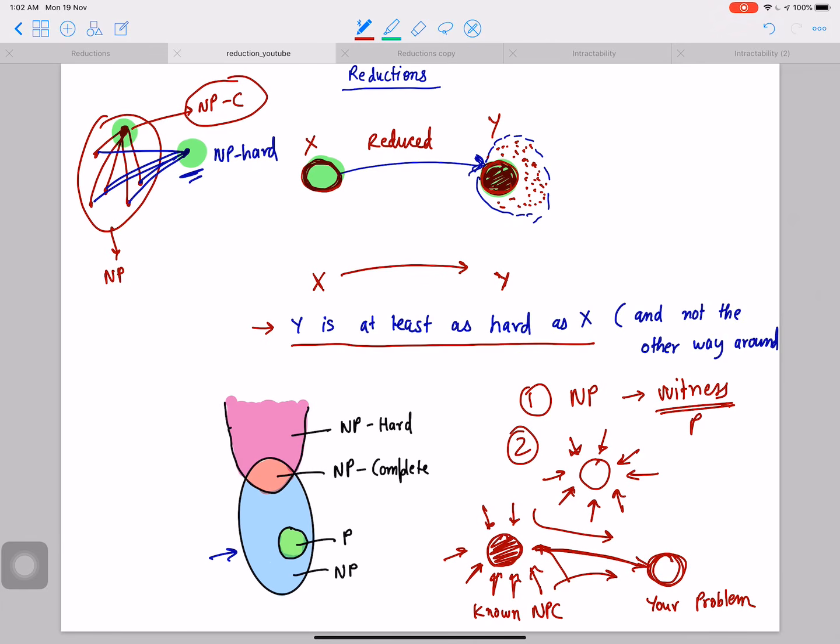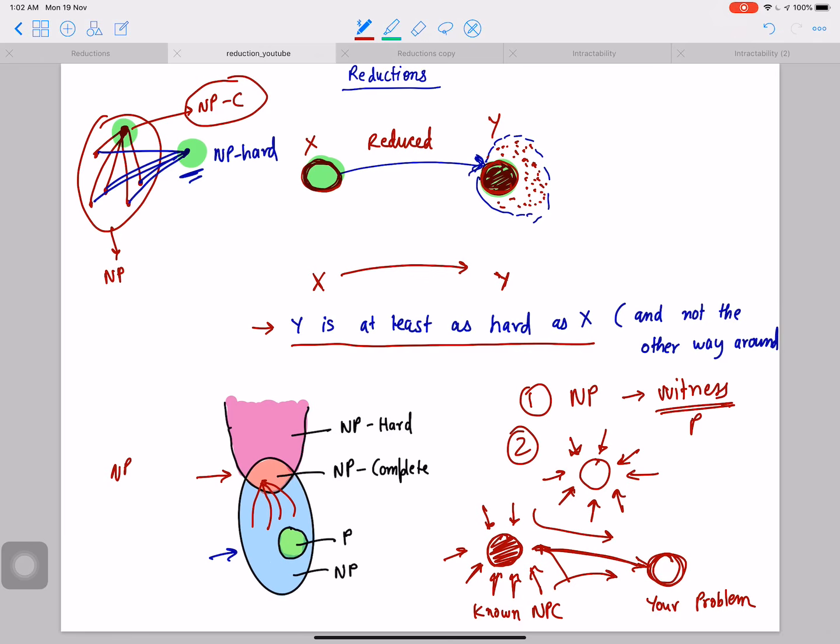What can you say about the NP complete problems? You can say that these problems are the hardest problems in NP. Why so? Because everything in NP reduces to them. That means they are at least as hard as everything else in NP, which makes them the hardest problems in NP.